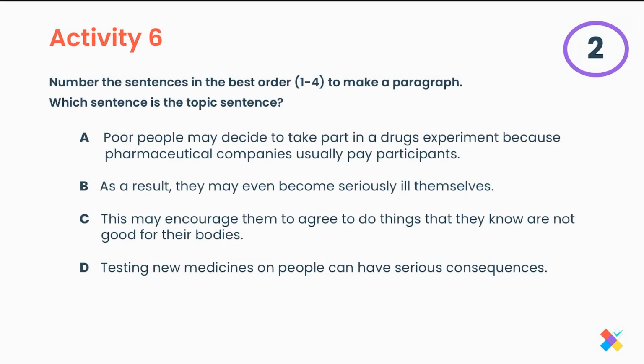Okay, so in this activity, you've got dismembered. Oh, this sounds really gloomy. You've got 4 sentences, and you need to put these 4 sentences together to make a paragraph. And then the second thing you have to do, you have to decide which of these 4 sentences, A, B, C, or D, is the topic sentence. And I'm going to give you 2 minutes to do so. Here we go.